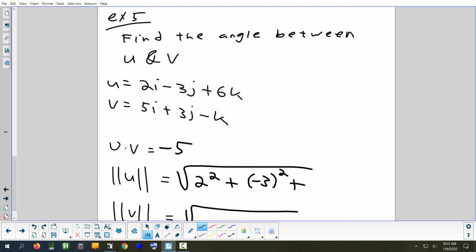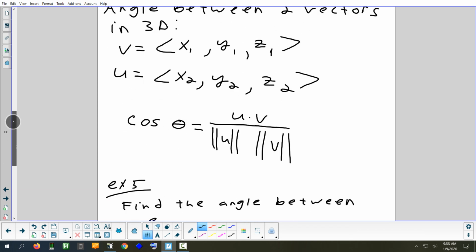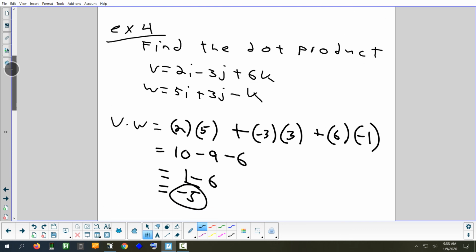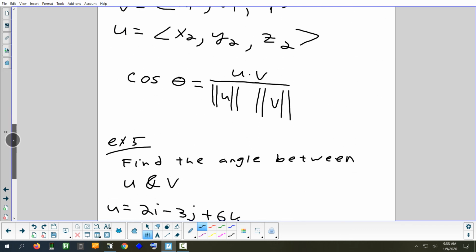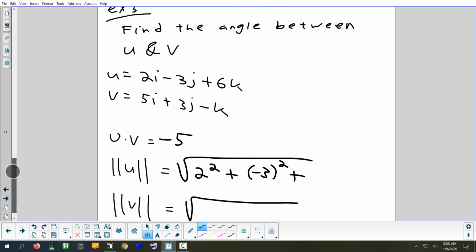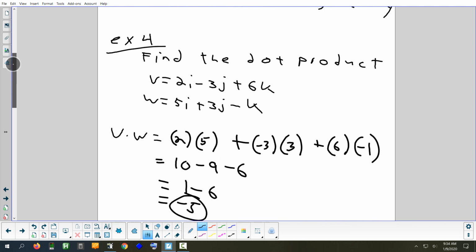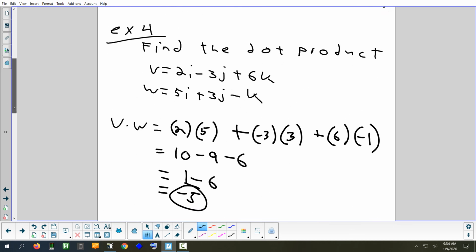Why does v times w, if you scroll up, equal negative 5? Yeah, and then below, it's u times. Oh, I guess I just changed the name of one of them. It's still 2, negative 3, 6, 5, 3, negative 1. So same numbers.